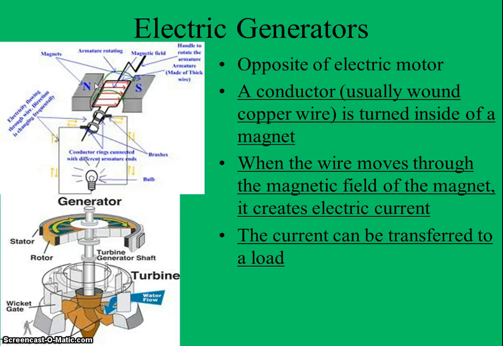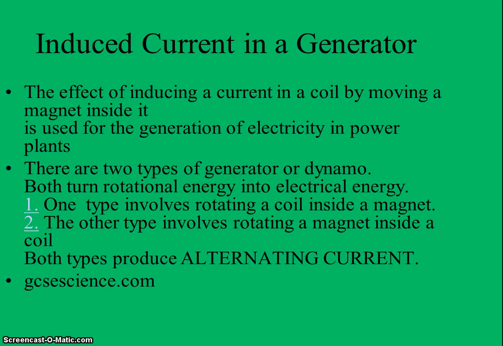So the magnetic field is causing the motion of the electrons, and that is causing electric current. So we are creating current in that generator by creating a motion of electrons through that magnetic field.